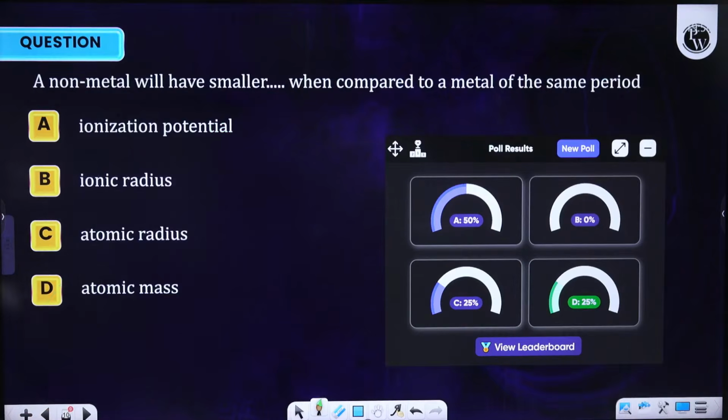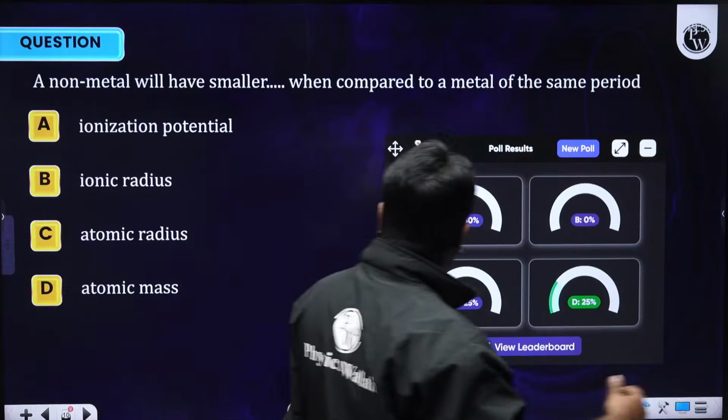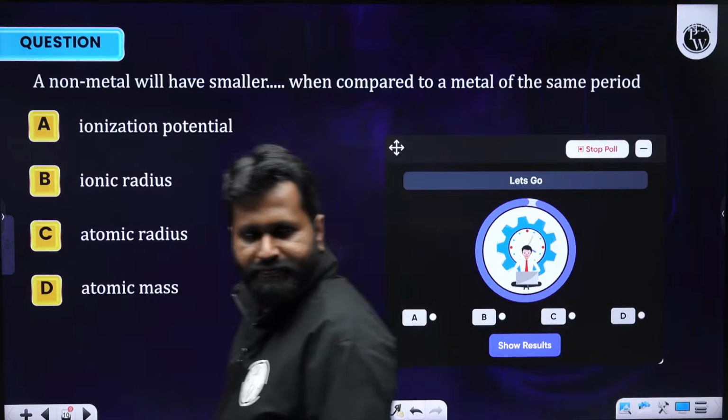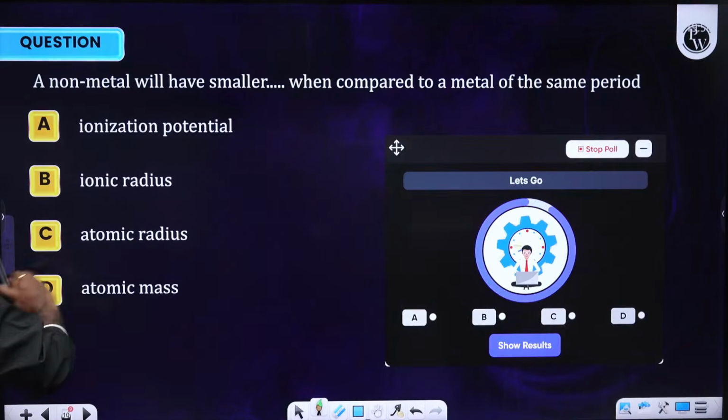Next question. A non-metal will have smaller dash when compared to a metal of the same period. If I compare in the same period, what will be different?